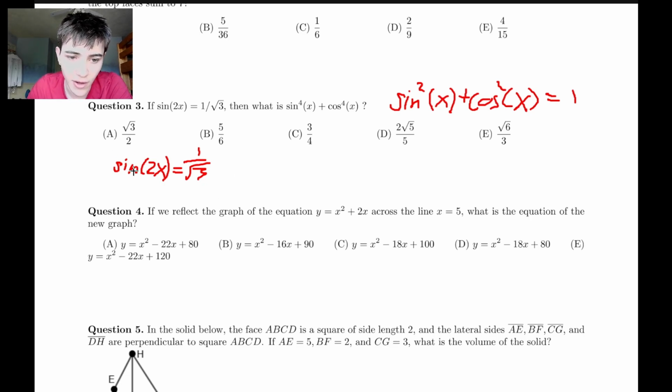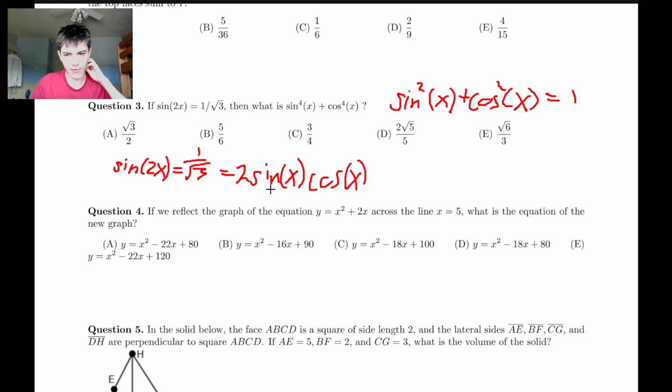So we're given that sine of 2x equals 1 over root 3. Sine of 2x is also equal to 2 times sine of x times cosine of x. So we're just going to keep it in that form. Okay, so let's return over here, and let's square both sides of this, right?